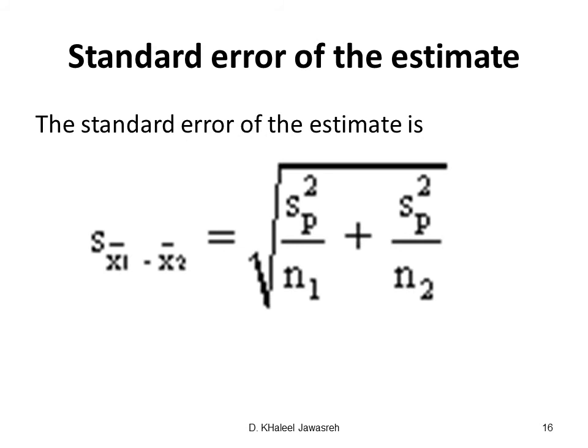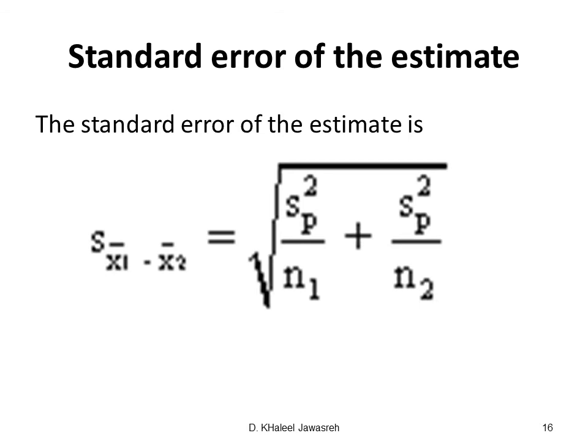So this is the general formula used for estimating the pooled estimate of the variance. The standard error of the estimate, as we see here, is abbreviated as S x1 bar dot x2 bar. S is the standard error. We take just the square root of the variance from the previous equation, and it will yield the square root of S square P over n1 plus S square P over n2.